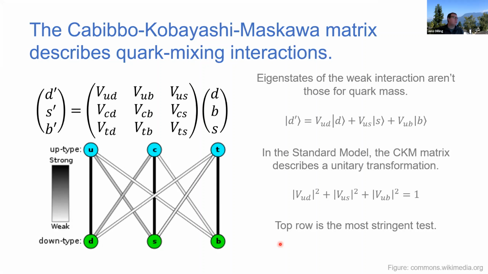And in particular, we're interested in the unitarity of this matrix here, where the top row is the most stringent test. And in the top row, we have contribution from the U and D quarks, which of course make up the neutrons and protons in the nucleus.